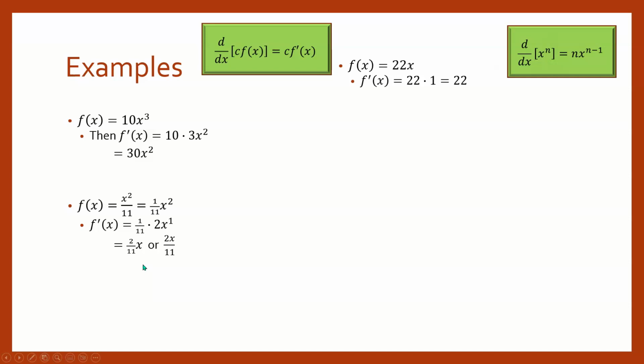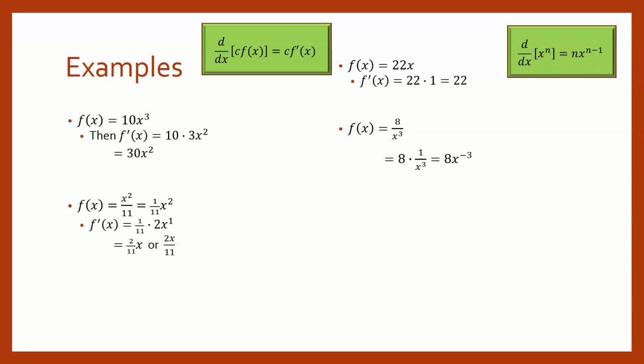What about if f of x is 8 over x cubed? The way it's written now, it's not exactly in the form a constant times a function, but we can rewrite it just a little so that it does look like that. So it looks like 8 times 1 over x cubed, or 8 times x to the negative 3 power.